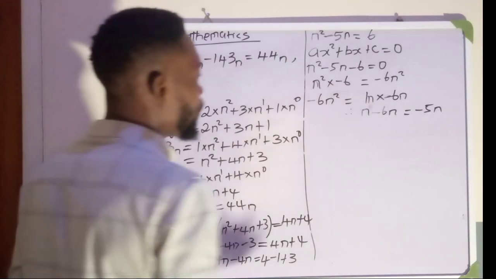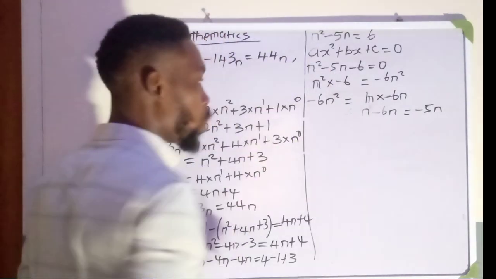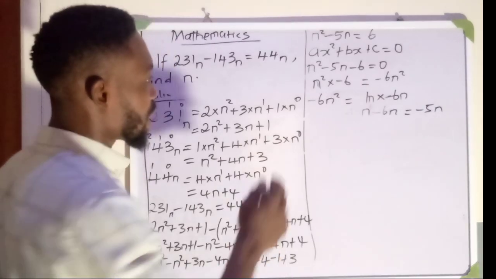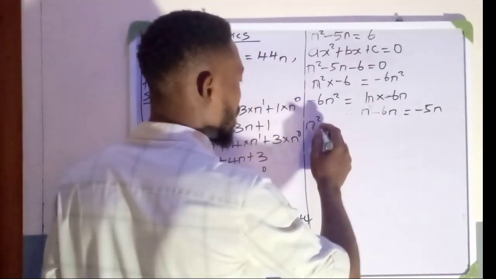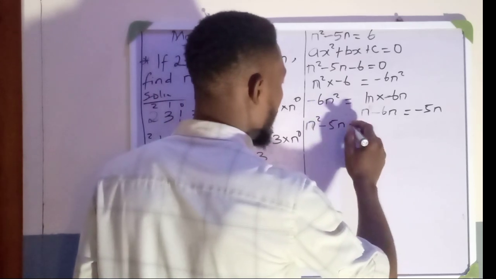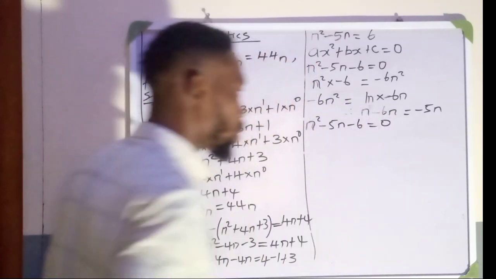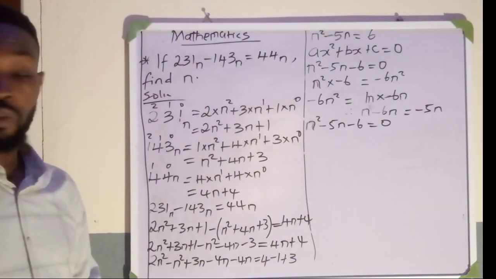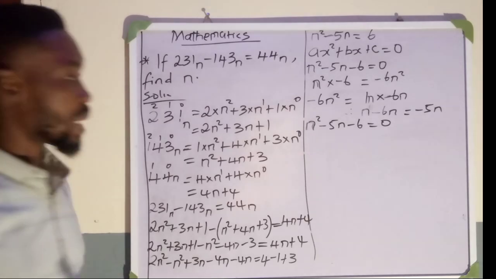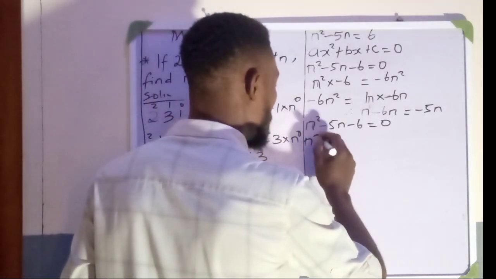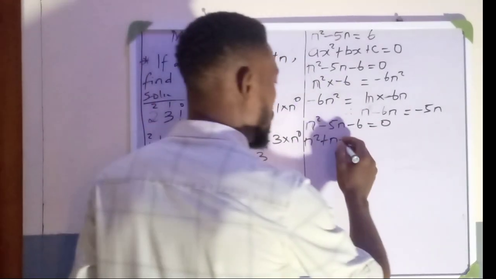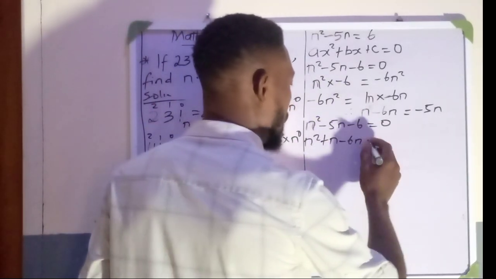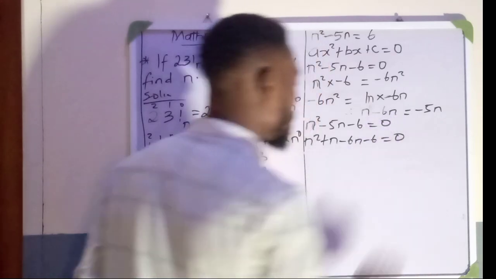So let's replace the linear term with n minus 6n. From n squared minus 5n minus 6 is equal to 0, replacing minus 5n with n minus 6n, we have n squared plus n, which is positive, minus 6n minus 6 is equal to 0.